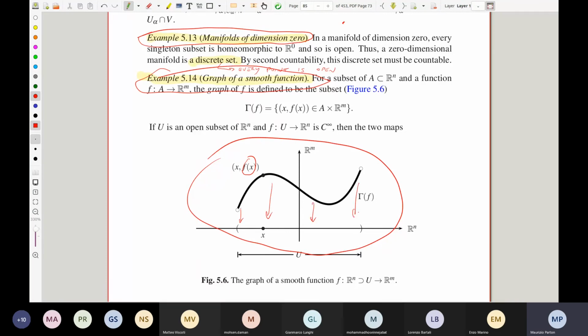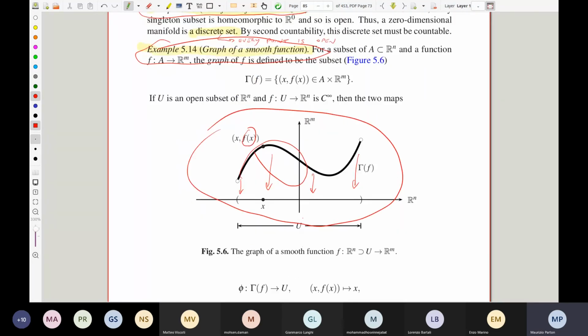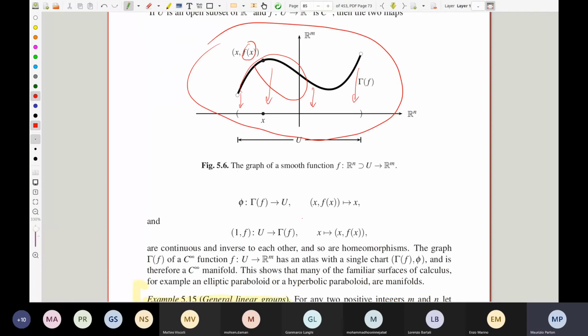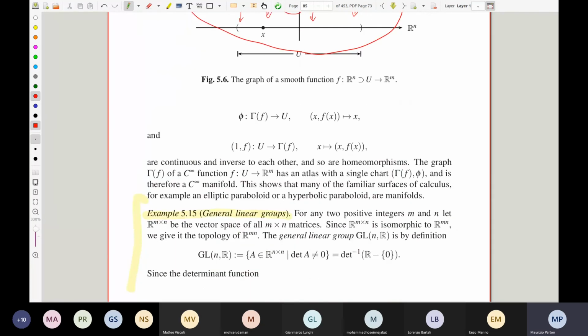Since this is a function, it means that there is no self-intersection going back, and so the projection is at least bijective, and you can prove that the fact that the map is smooth means that this projection is smooth. And also the inverse is smooth, okay? And you can show that these kinds of charts are related and so on.